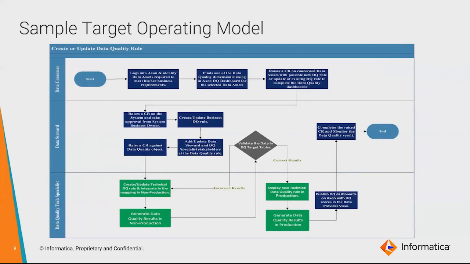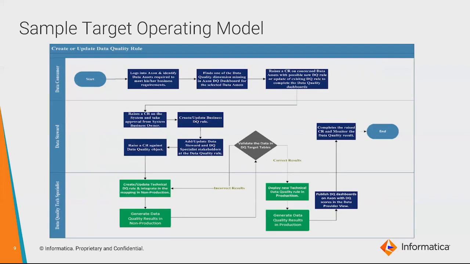That person raises a CR in Axon on the concerned data set with details around the new data quality rule, which then goes to the data steward, who takes the business approval from the business owner for that new data quality rule to be created.